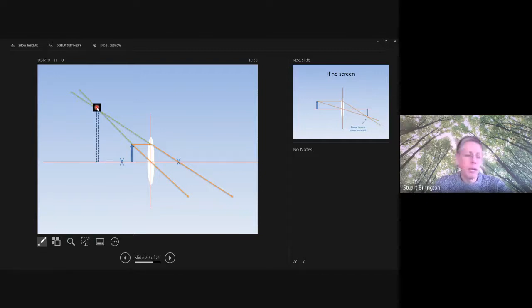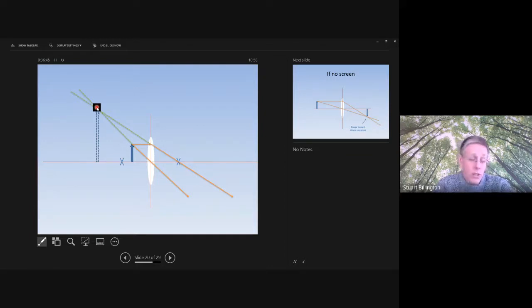And because they're on the same side of the diagram now, you might want to draw it dashed like that, or you might want to write the word image next to it, just so you don't get confused if you're drawing it yourself, rather than if it's the worksheet. And then some descriptive words, please. So it's virtual now. It cannot be formed on a screen. It needs a separate imaging system to see it, because the rays of light are diverging rather than converging.